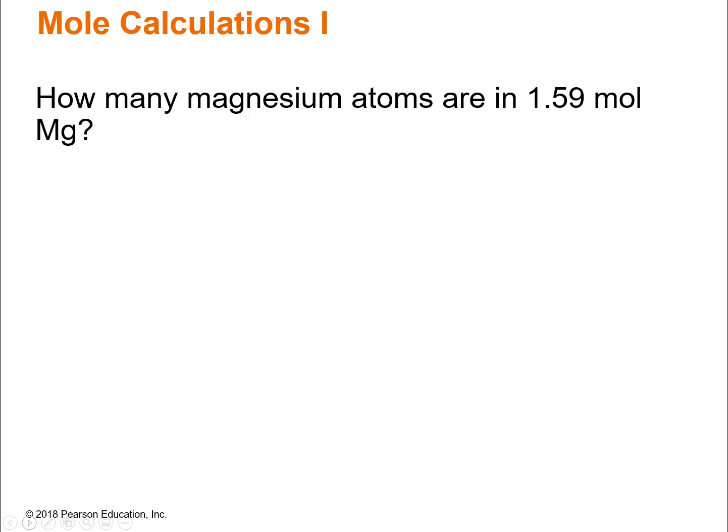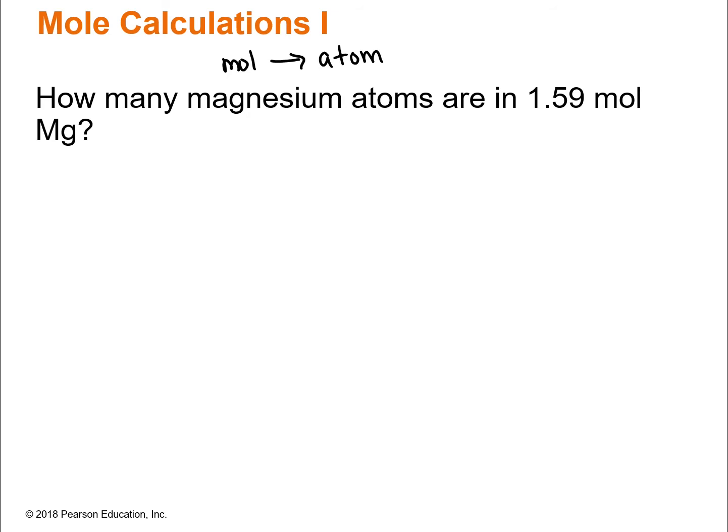The first type of problem that we're going to cover is converting moles to atoms. When we're doing these types of problems, the first thing you want to do is identify the problem type, because that will show you how you need to solve the problem.